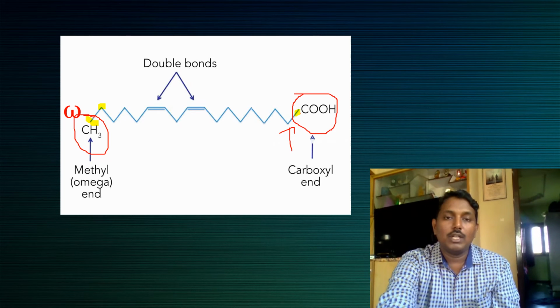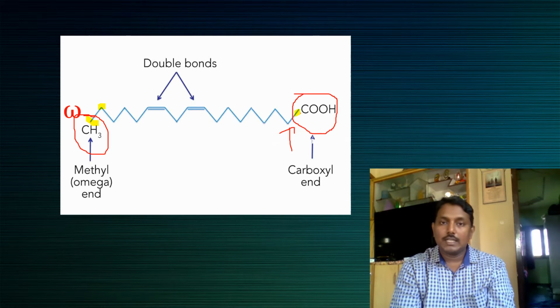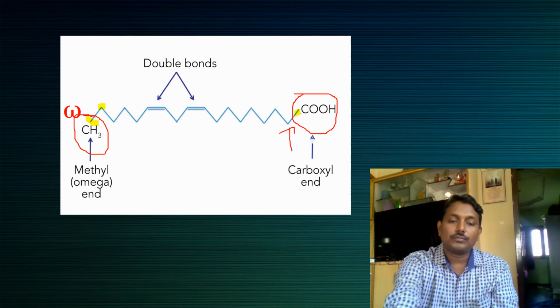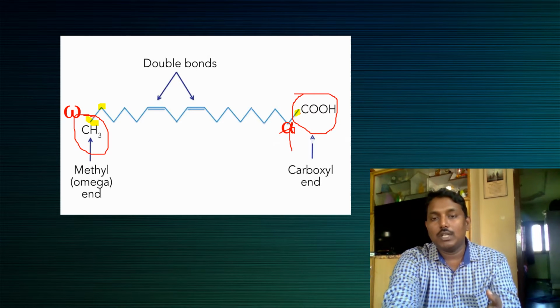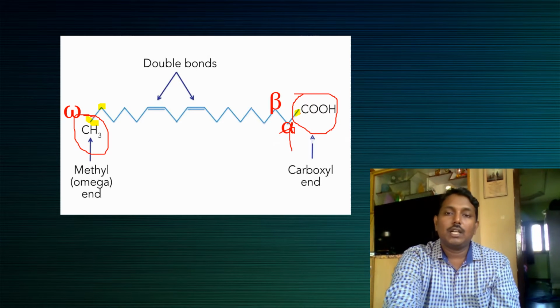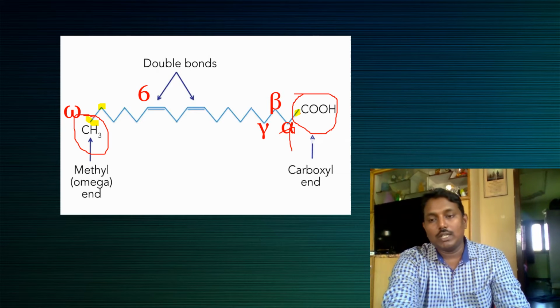And another double bond is present at the 9th carbon. So this comes under the omega 6 and omega 9 series. As I said, the first carbon atom would be the alpha carbon atom. The second carbon atom would be the beta. The third would be the gamma, and the fourth. So as I already said, this is the 6th double bond that is present there.